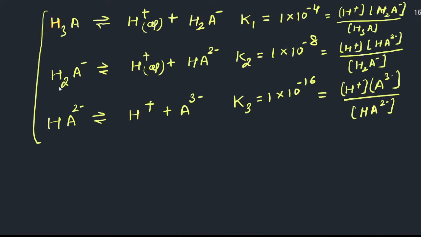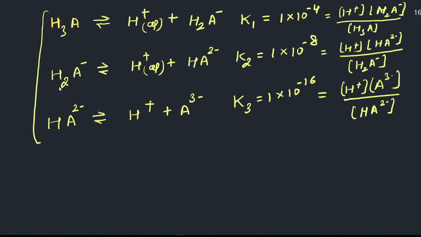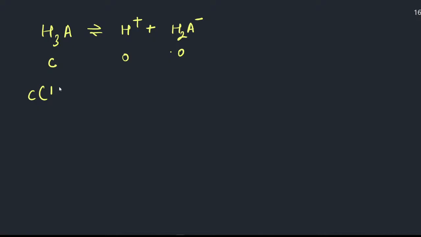Now, let us say alpha is the degree of dissociation. So it is C alpha, again C alpha.